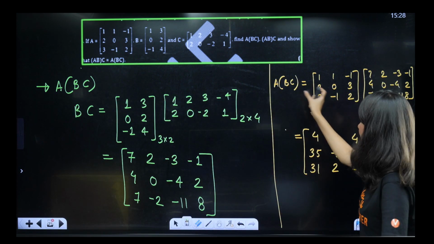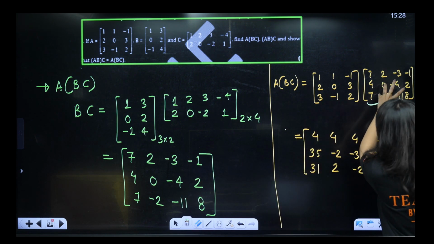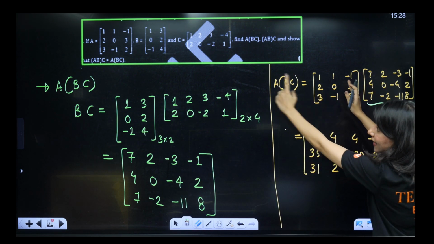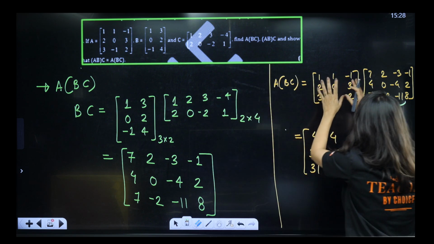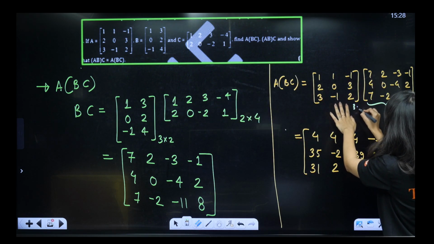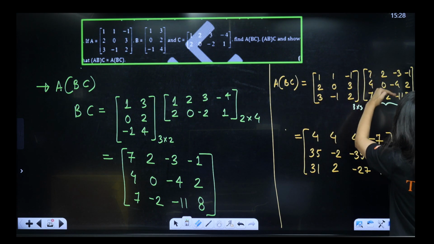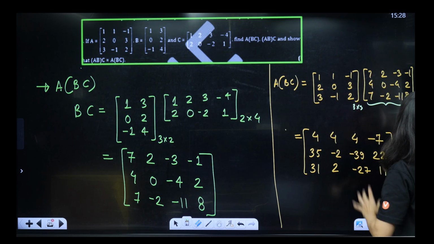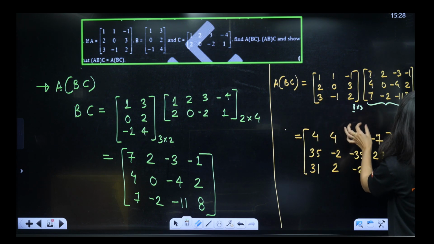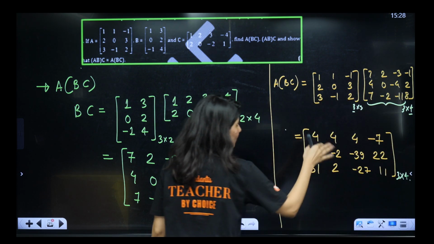BC is this, copy pasted, and this is your A, which is given in the problem. This is 3 cross 3, 3 rows, 3 columns, and this is 3 rows, 4 columns, 3 cross 4. The final order of A(BC) will be 3 cross 4.